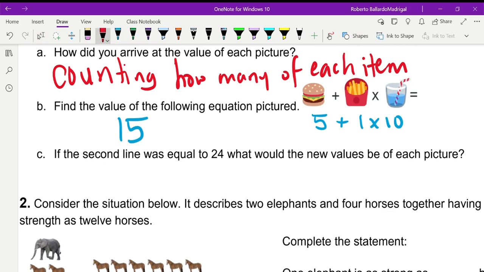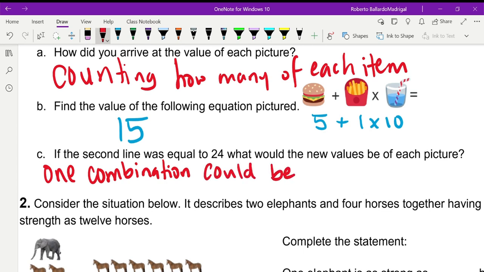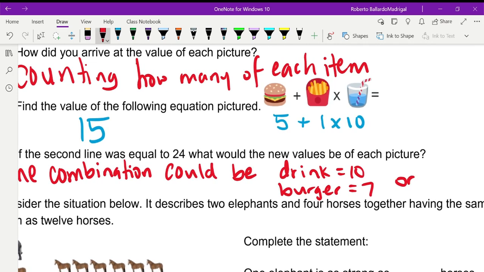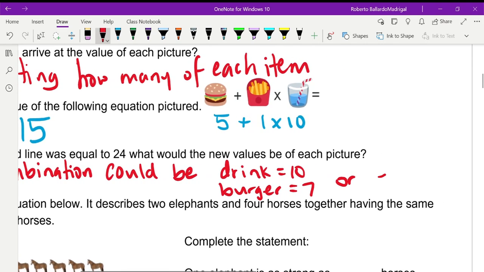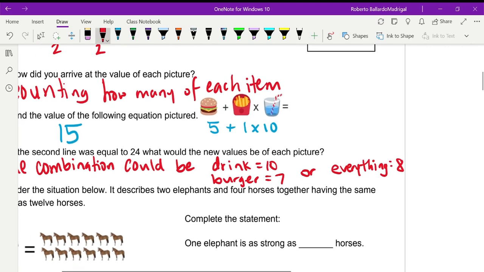But we can say that one combination could be that the drink is 10 and the burger is equal to 7, or everything is 8. Okay.